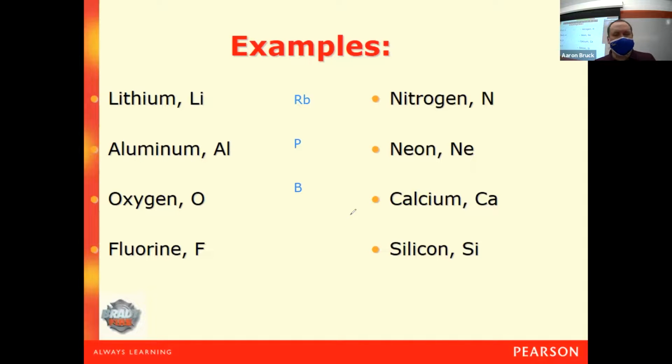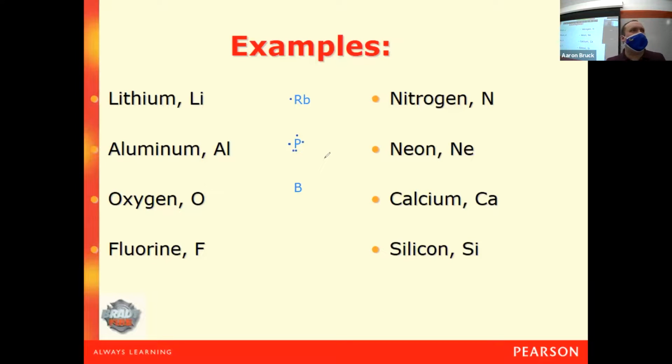All right, let's see how we did. Rubidium. Rubidium is in group 1A. It is an alkali metal. It should only have the 1 dot. Again, that dot can be on any of the 4 sides, just so long as there's only 1 of them. Phosphorus. Phosphorus is in group 5A. 5 valence electrons, 5 dots. 1, 2, 3, 4, 5.